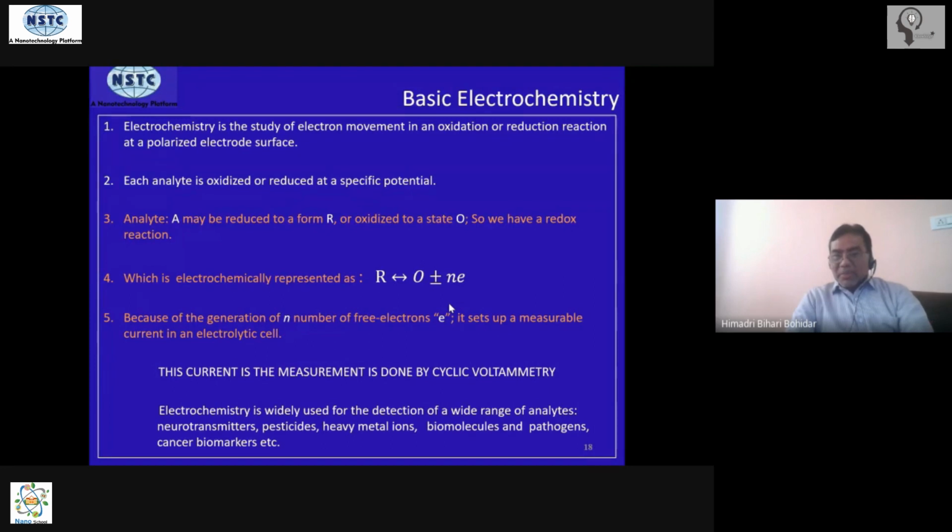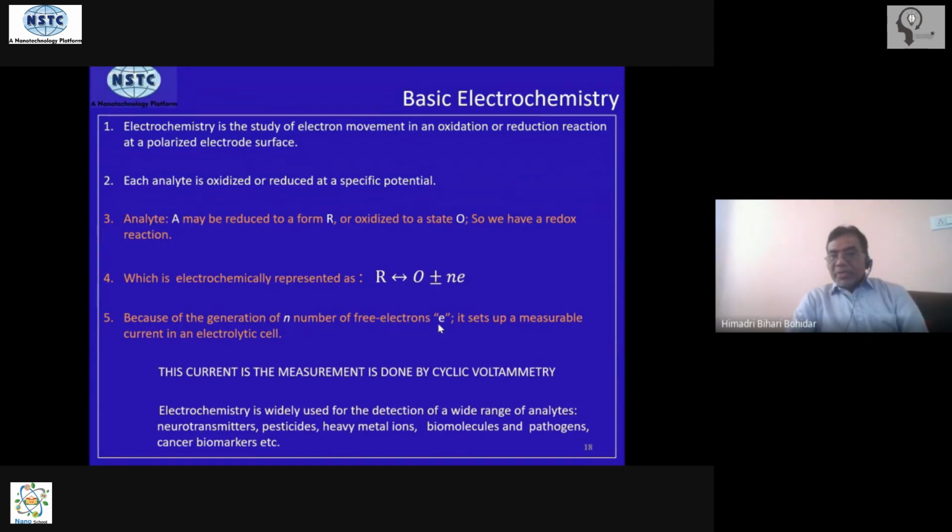And this current measurement is done by a technique which is called cyclic voltammetry. So in this one slide, all the basic information you need to know about electrochemistry and cyclic voltammetry is given. And realize that this is a very important technique for detection of a wide variety of analytes.